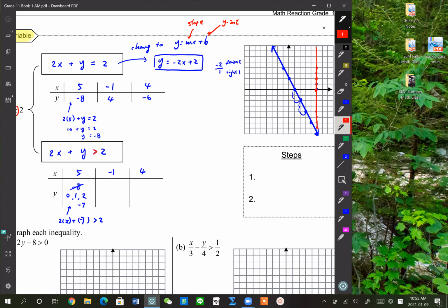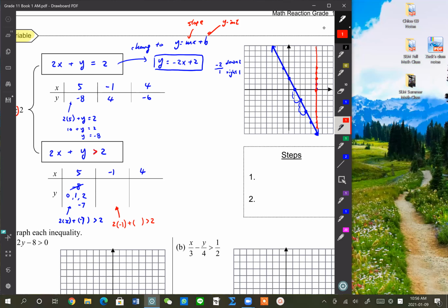Okay, so let's try another one. Now if the x is negative 1, so it will be 2 times negative 1 plus something, and then we want it to be bigger than 2. So Brennan, what number will work this time? Any positive number?